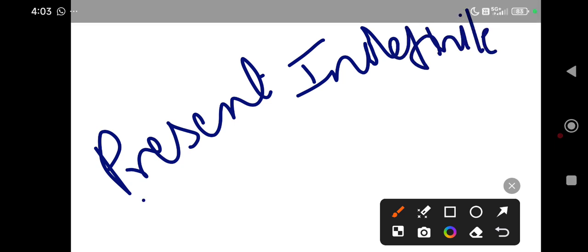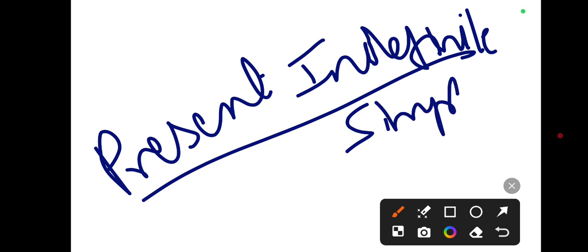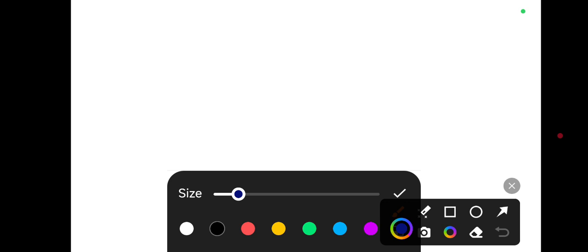I am not going to speak too much. I'm going to speak very simply. First of all, present indefinite, or present simple. Though it's simple, this tense is used for almost 50-55% of discussion. And the formula is also very simple.